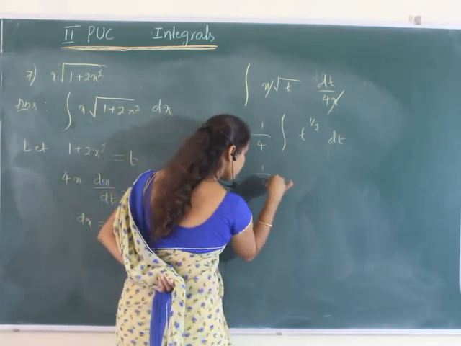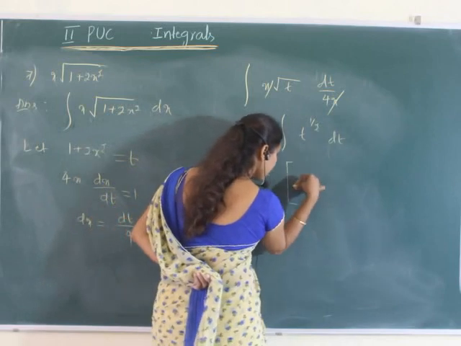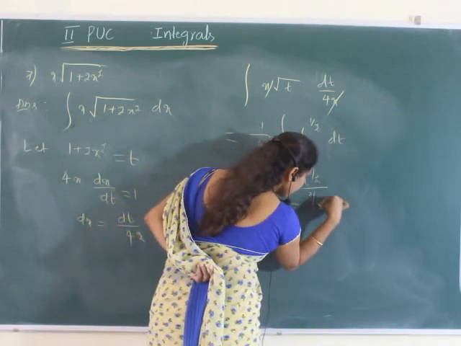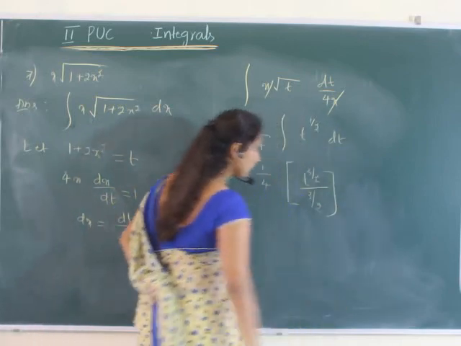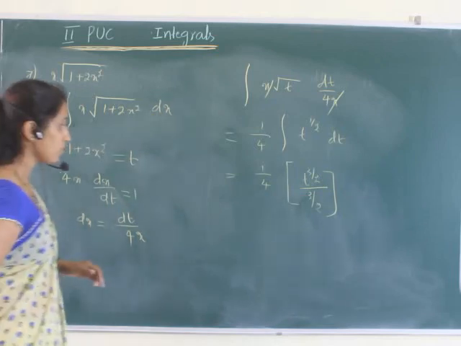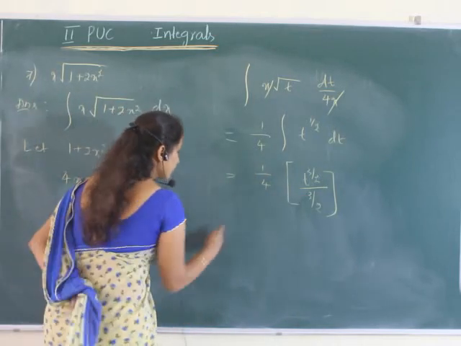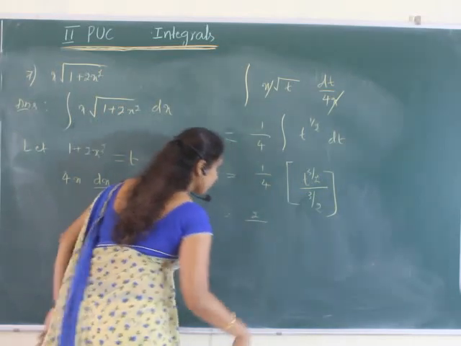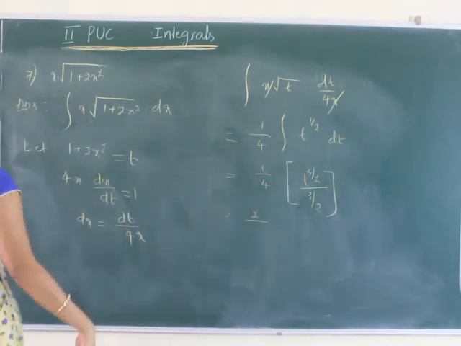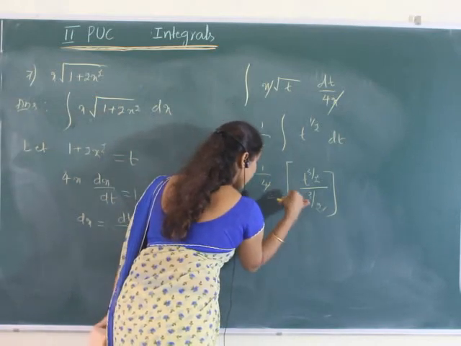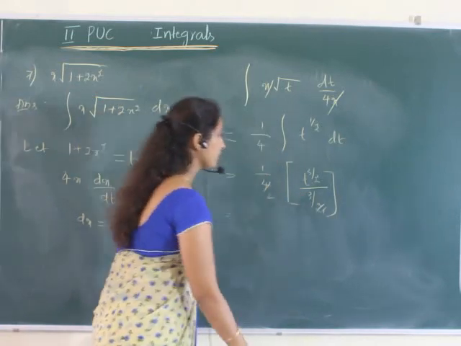So this will be equal to 1 by 4 into t to the power 3 by 2 by 3 by 2. Already we have calculated t to the power half plus 1 by half plus 1, 3 by 2. So again 2 goes to the numerator, and two ones are two, two twos we can cancel.